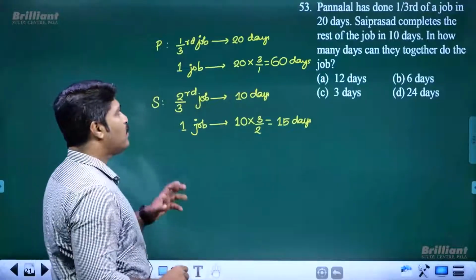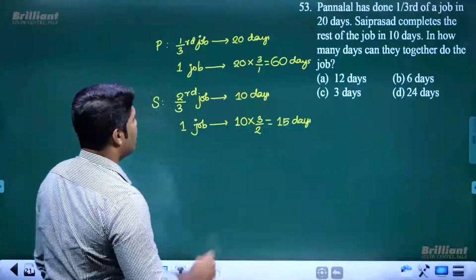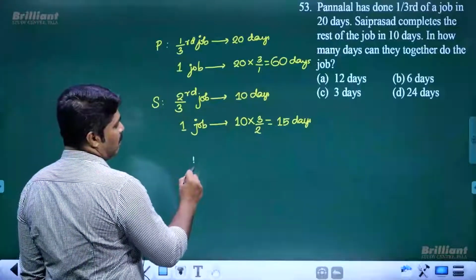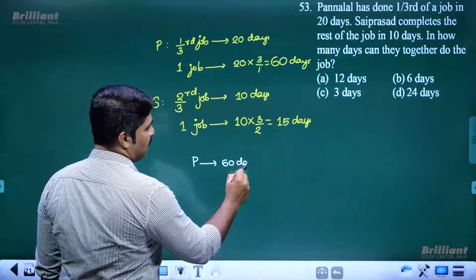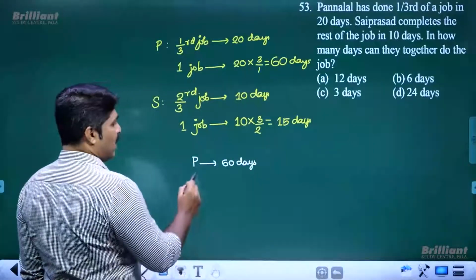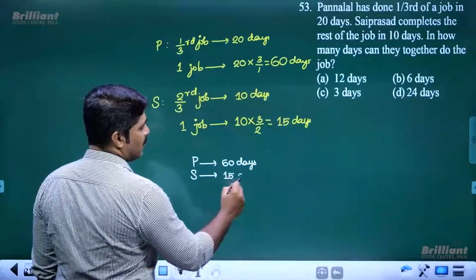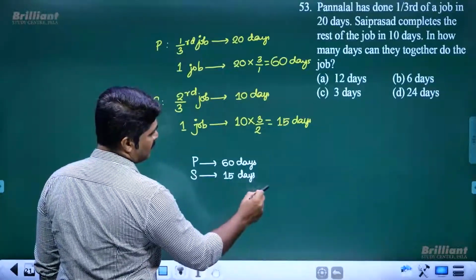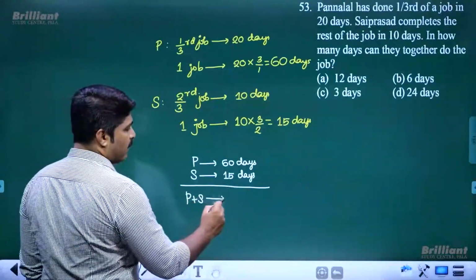As we got these two data, I just rewrite those two inferences. Panalal alone required 60 days for the completion of a work, and Sai Prasad alone required 15 days for the completion of the same work. Then together, in how many days can they complete it?